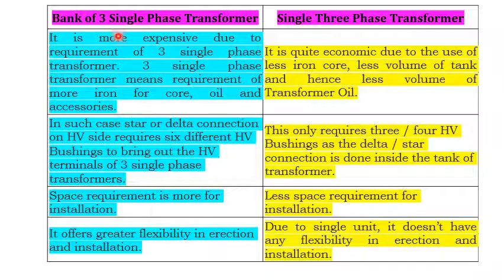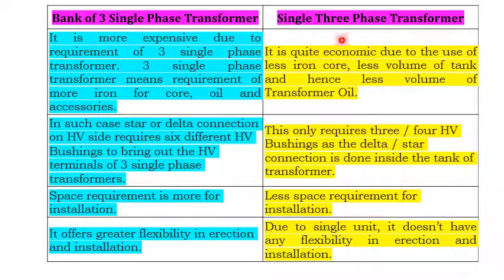Next, the bank of 3 single phase transformers offers greater flexibility in erection and installation. Obviously it needs more work at the erection time, but it is more flexible for installation.